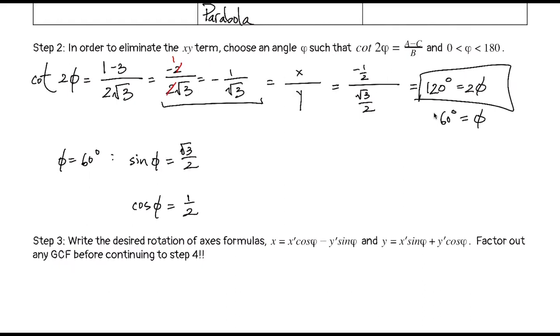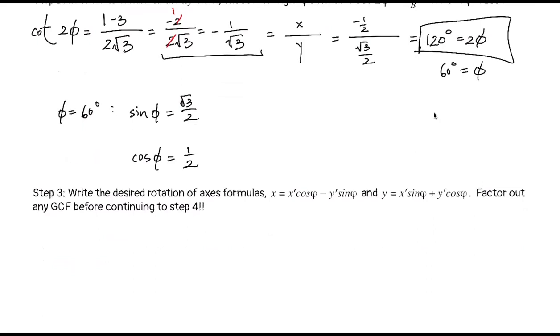Okay, so step 3, let's write out our equation. I know that x equals x prime cosine phi minus y prime sine phi, and y equals x prime sine phi plus y prime cosine phi.